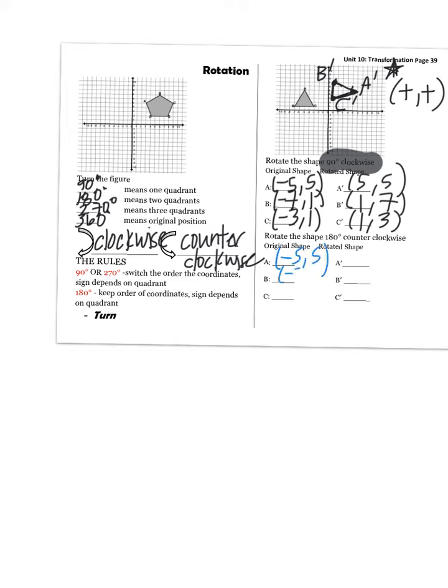So I'm just rewriting my original ordered pairs. So for 180 and 360, we leave the order alone, just adjust the sign. And we know quadrant 4 is positive, negative. Alright, so 5, negative 5, 7, negative 1, and 3, negative 1.